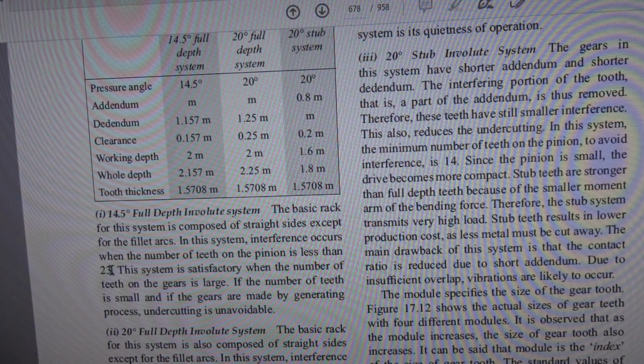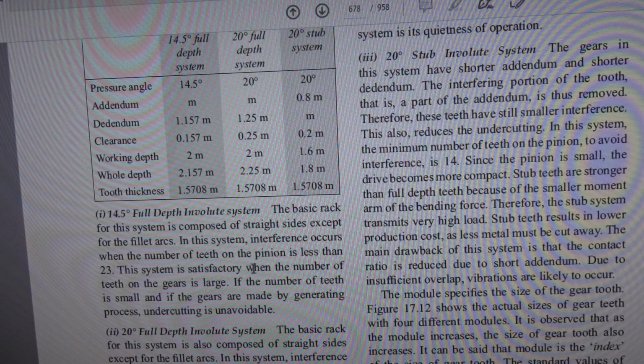Already I expect you know the interference phenomena. Already you have studied kinematics of machines, in which you studied what the interference phenomenon is. I will not describe the interference phenomena in detail.